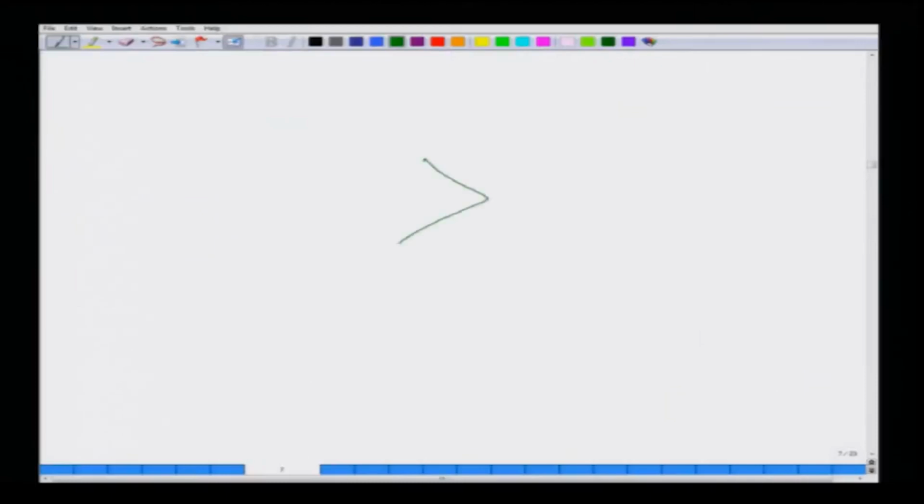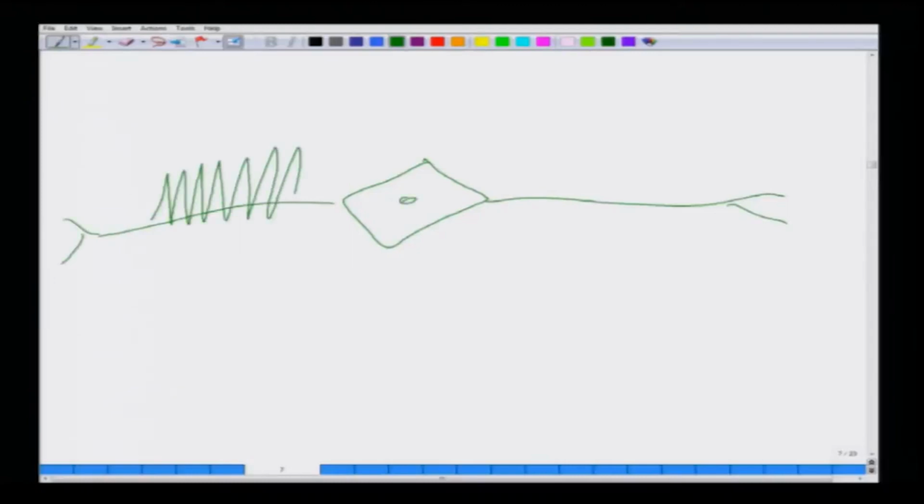Basically, what you will see in a patch clamp, if this is a sensory neuron, is something like this. That is it.